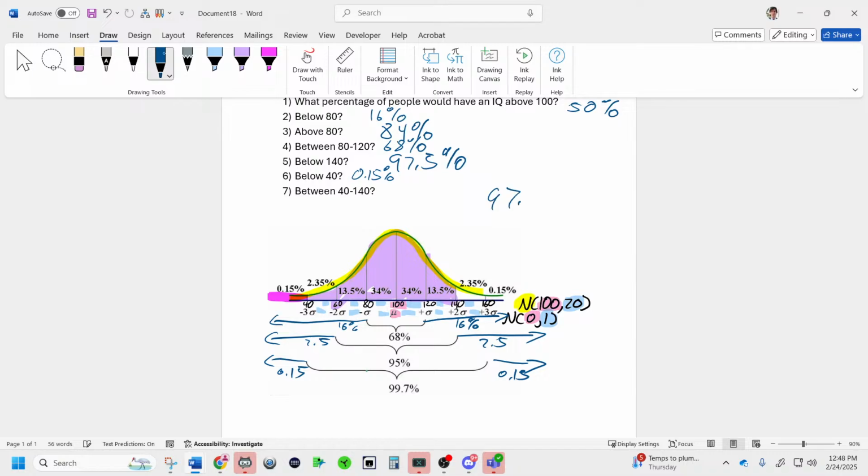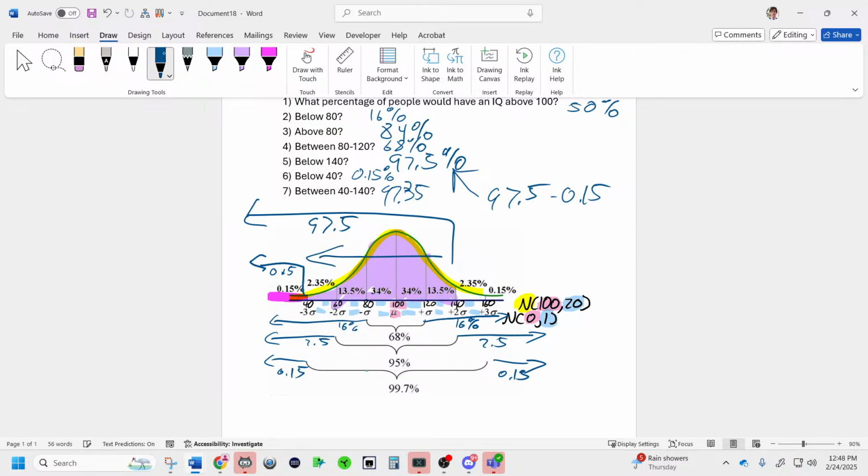So it'd be 97.5, which we already found below 140, and then we subtract off the remaining 0.15 to get 97.35. That's a little bit ridiculous and goes down to decimal place accuracy, but 97.35. I'm glad you see it right there. Once you visualize it, this is 97.5, and then you subtract off this tiny little bit here of 0.15 because we're doing the area between these two numbers. Yes, exactly, Nancy.